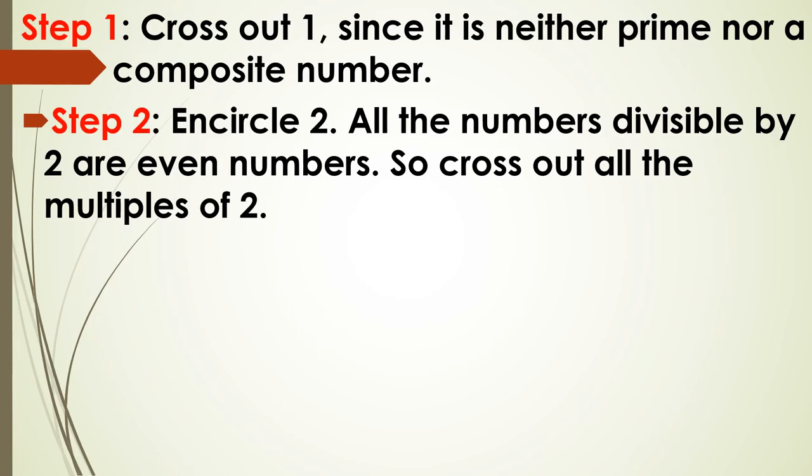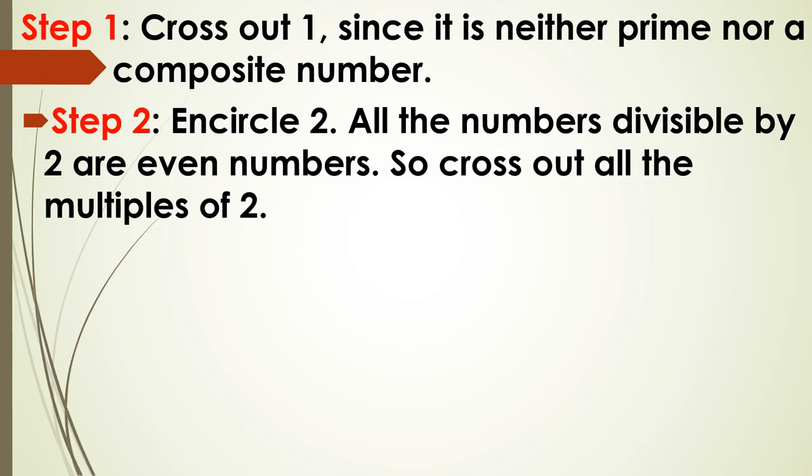Encircle 2 and cross all the numbers which are divisible by 2, such as 4, 6, 8, 10, 12, 14, 16, 18, 20, 22, 24, in this way, up to 100.